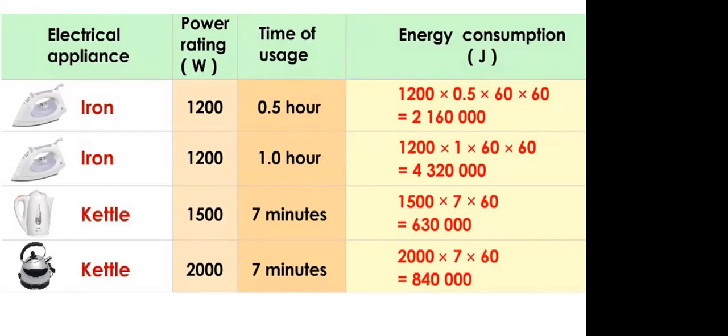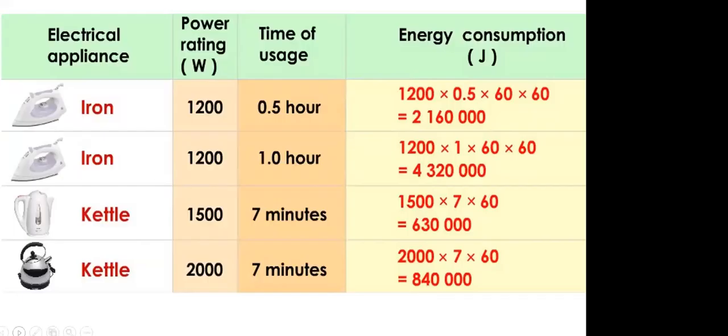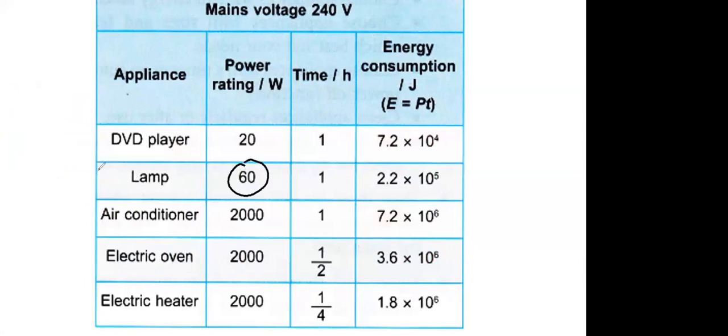Then let's move on. You can see here, again, some of these values are common, but from brand to brand they can change slightly. If you take a lamp like a filament bulb, filament lamp is 40 watt to 100 watt, mostly 100 watt.